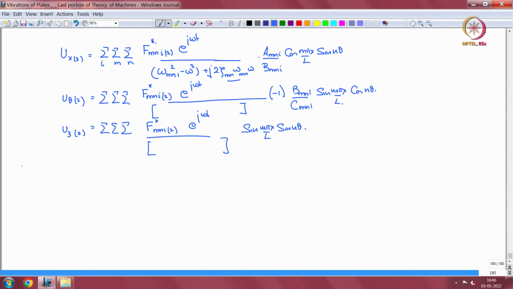I have ux is equal to summation over I m n, I am going to shorten it I m n, from the first set. What did we get?